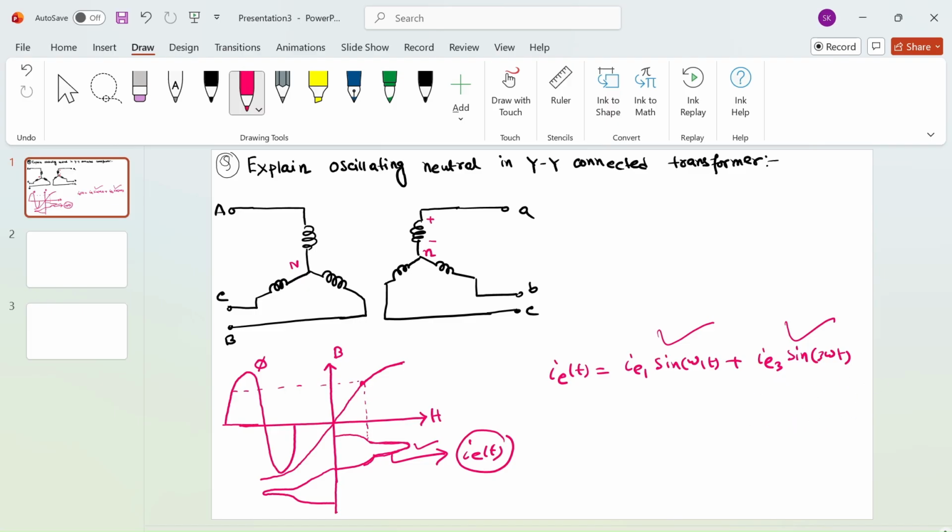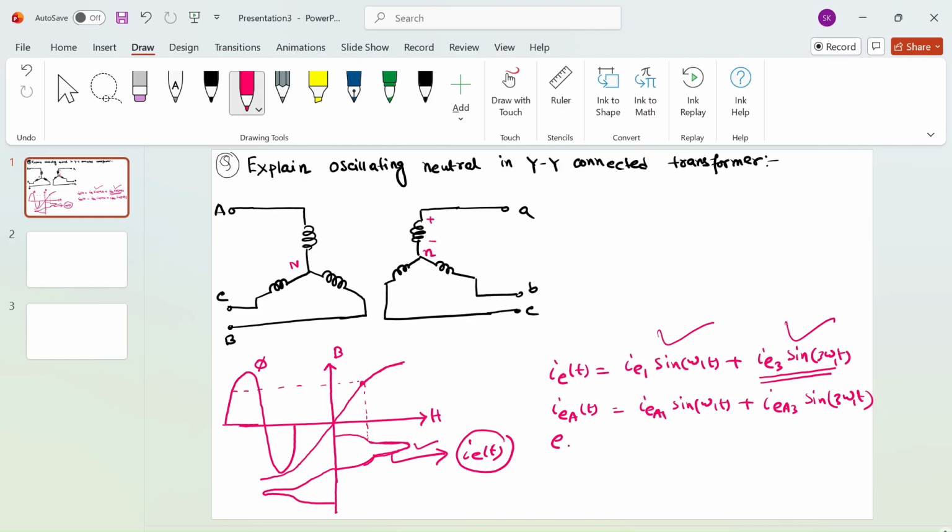Now, tell me one thing. This third harmonic component, if you see it for the three phases, for phase number one, IEA of t is IEA1 sine omega 1 t plus IEA3 sine 3 omega 1 t. Let's say this is the omega 1.